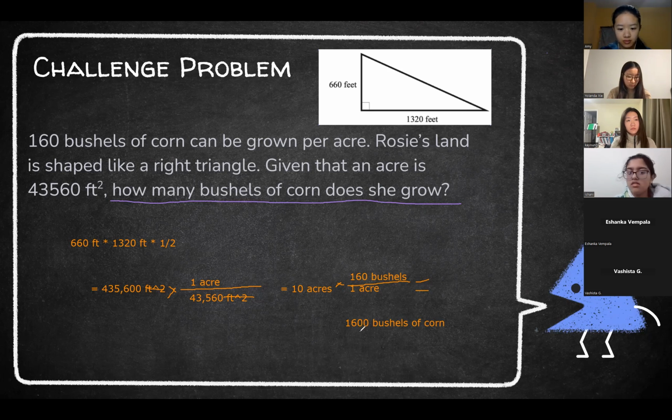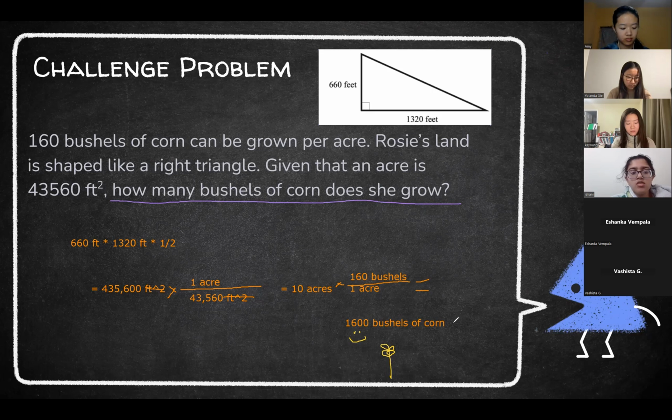Then we know that 160 bushels of corn is how much can be grown per acre, so we multiply 160 bushels over 1 acre by how many acres we have. So that's how we get the answer.